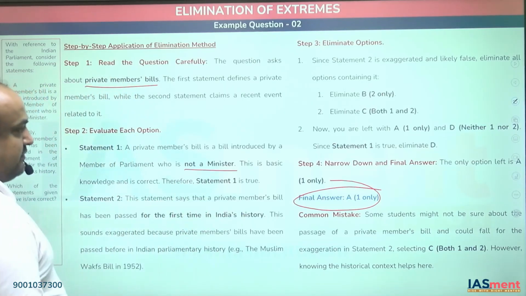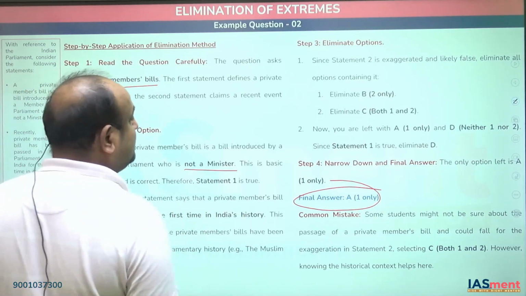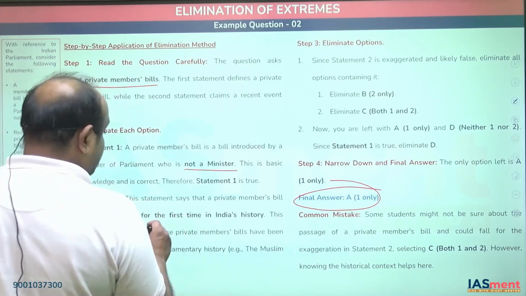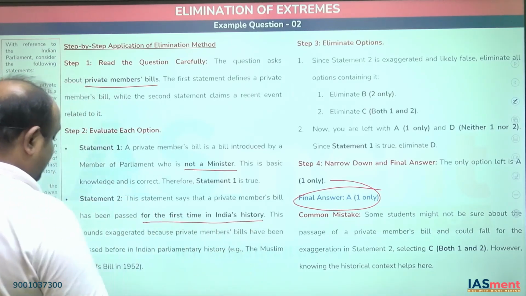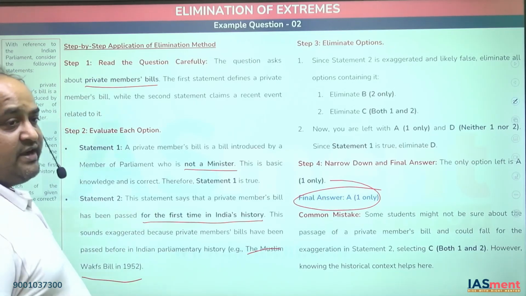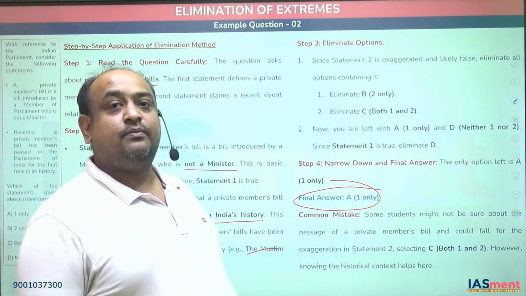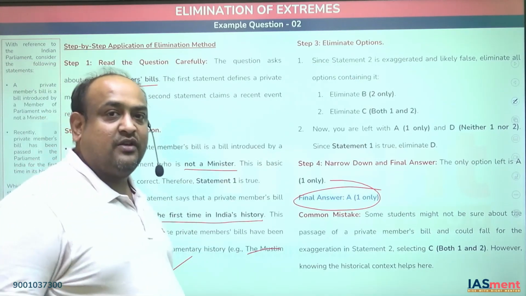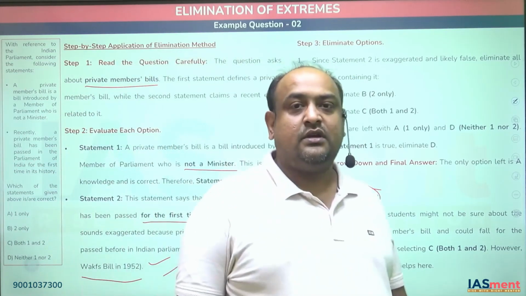Not a minister. It can make some students mark this option wrong, but no, this is right. Second is for the first time in Indian history. Muslim Waqf Board Bill 1952. In the first year itself, a private member bill was passed. Okay.